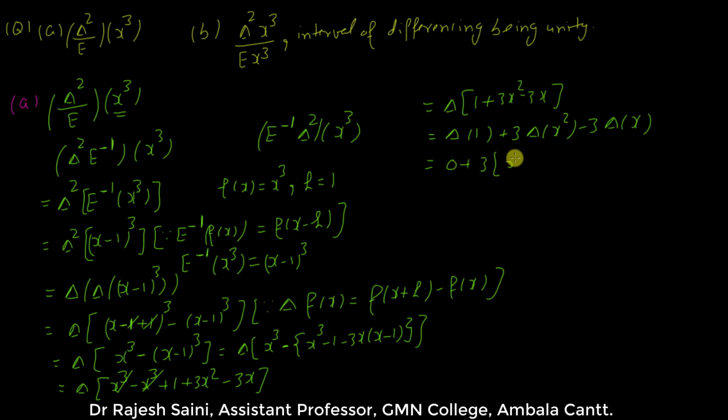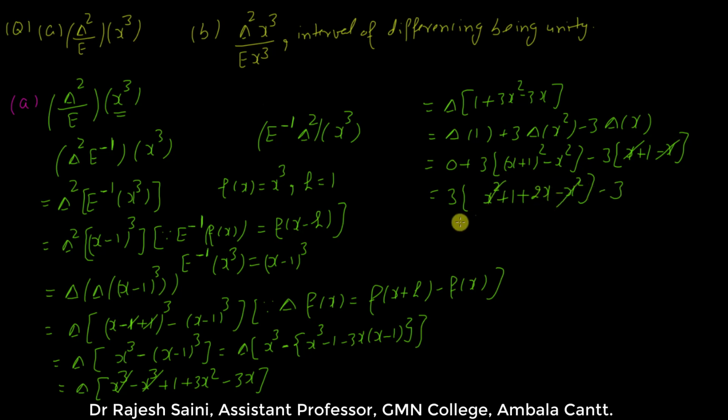Delta of x square will be x plus 1 whole square minus x square. Minus 3, delta of x will be x plus 1 minus x. Fine, this will cancel out. So this will be 3 times x square plus 1 plus 2x minus x square, and it will be minus 3.